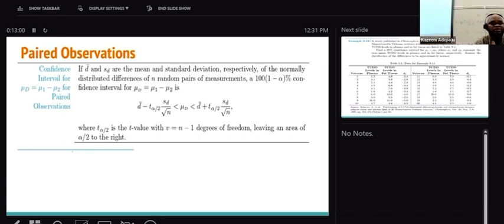But what if I'm no longer looking at the difference of means in two independent groups? This time around, the groups are dependent. What do I mean by groups being dependent?